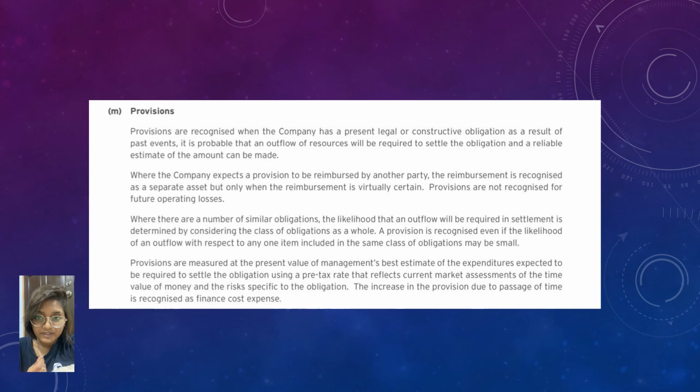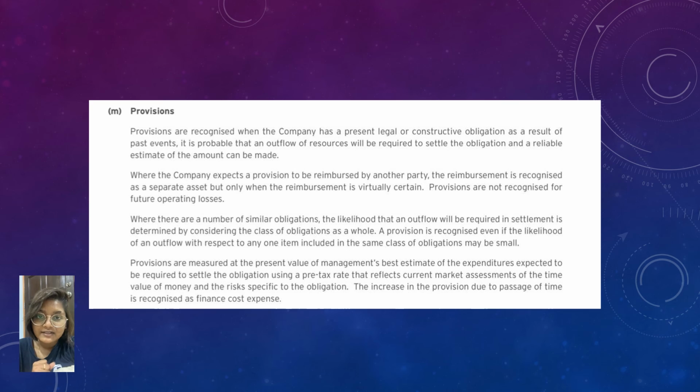Where the company expects a provision to be reimbursed by another party, the reimbursement is recognized as a separate asset, but only when the reimbursement is virtually certain. Provisions are not recognized for future operating losses.